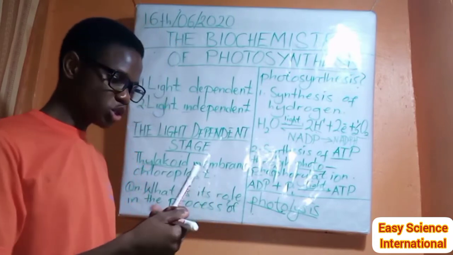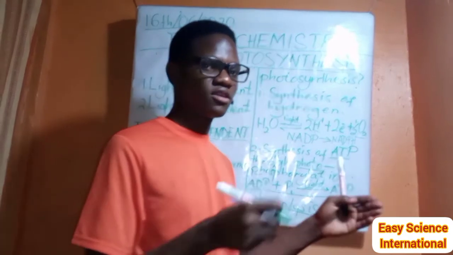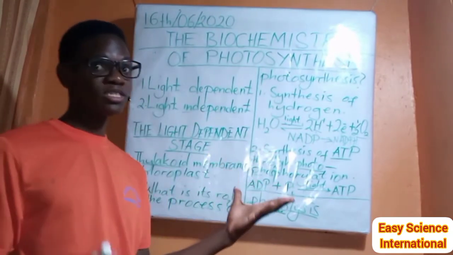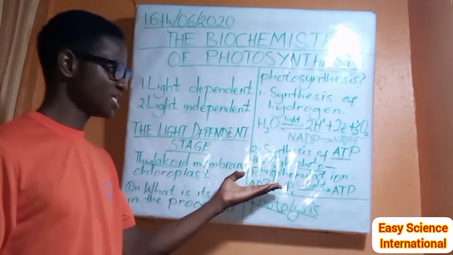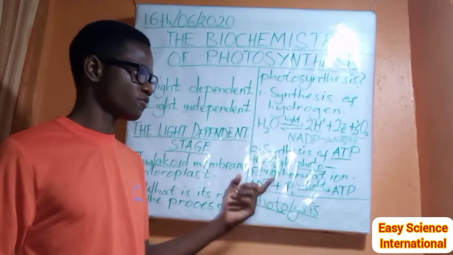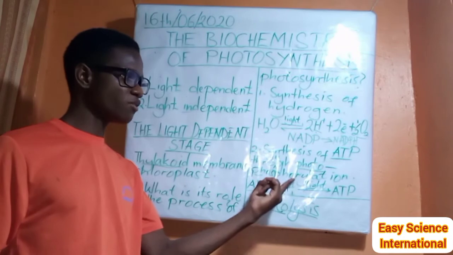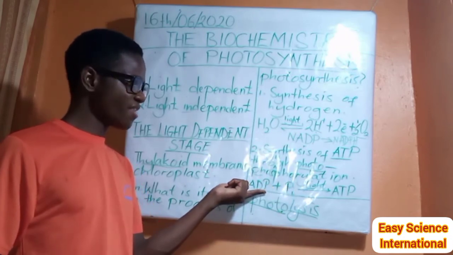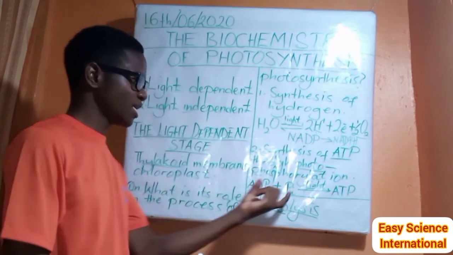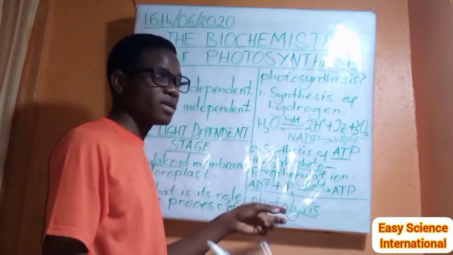Now, as opposed to the other process which occurs in respiration, which is called oxidative phosphorylation, in photosynthesis, we can also form ATP. This we didn't look at in our O level, but we see that there is formation of ATP in the process of photosynthesis through a process called photophosphorylation. How does it occur? We add one molecule of inorganic phosphate to another molecule of adenosine diphosphate, di meaning 2. So when you add another one to these diphosphates, you will be having 3.